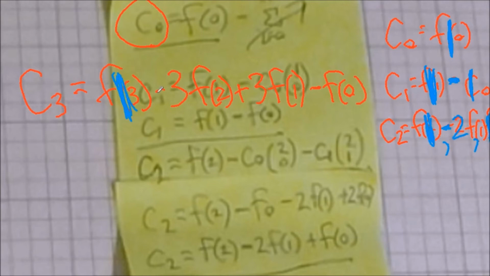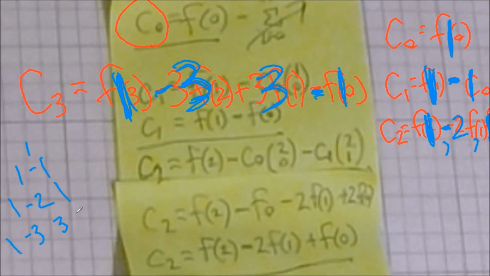So each of the Polya coefficients, C0, C1, C2, etc., are computed by applying these coefficients to consecutive values of the function, in this case in descending order. And what are these coefficients? Well, they're just the rows of Pascal's triangle looked at in the normal way, except that the values alternate the sign, plus minus, plus minus.